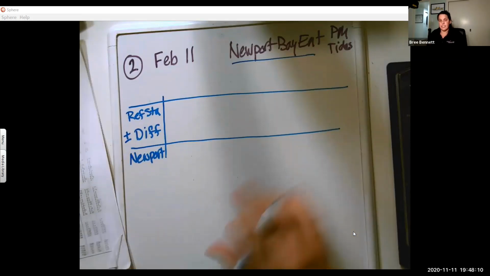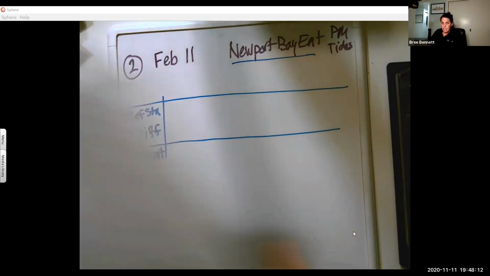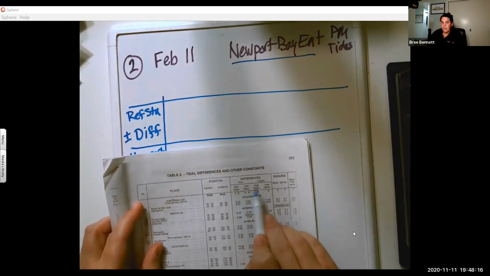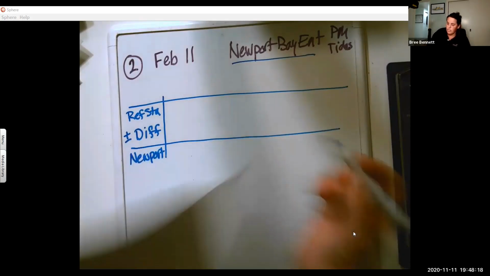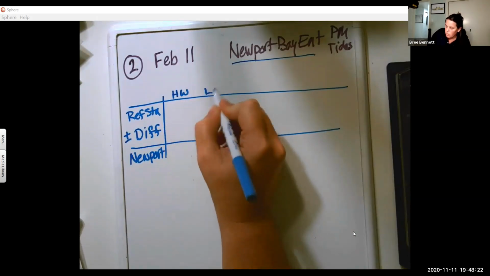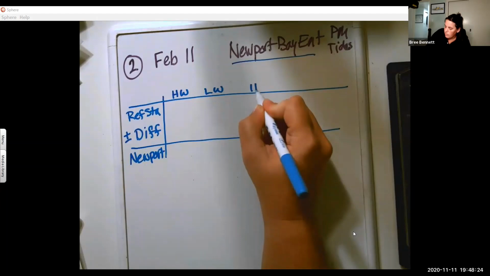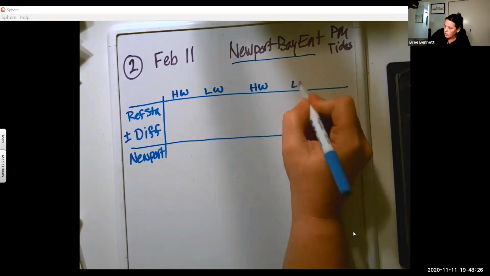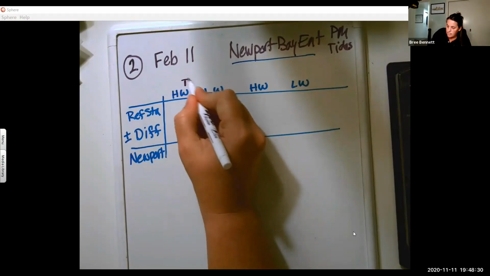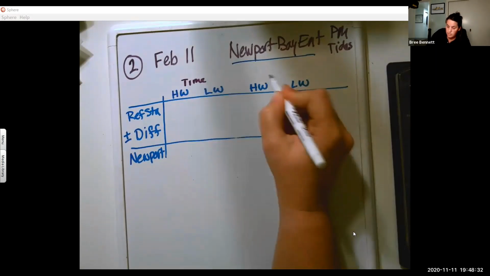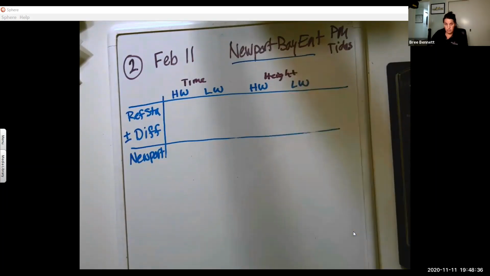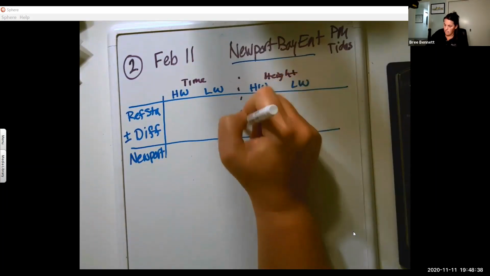Now, how I'm going to set this table up is just like how it's set up here. We have high water, low water, high water, low water. So I'm just going to give me a high water, a low water, a high water, and a low water. This one is time, and this one is height.